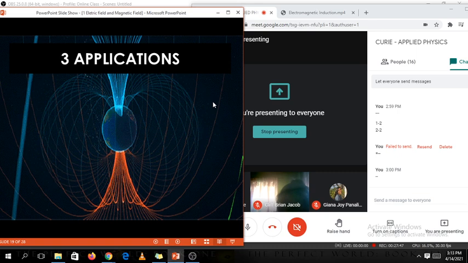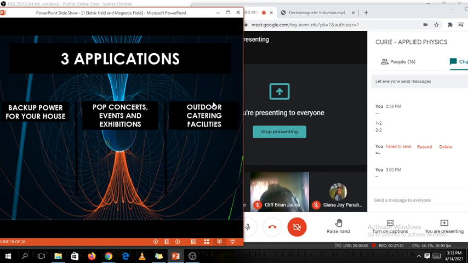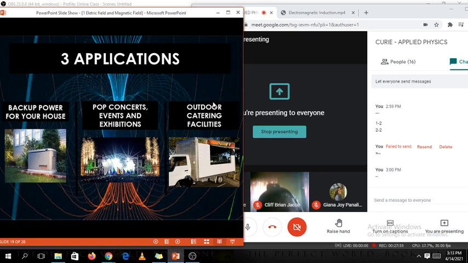Some more applications of EM induction are the backup powers or generators, pop concerts, events and exhibitions, your speakers and gadgets, and the outdoor catering facilities, microwaves, anything that makes use of radiation. So when there's radiation, there is electromagnetic induction at work.